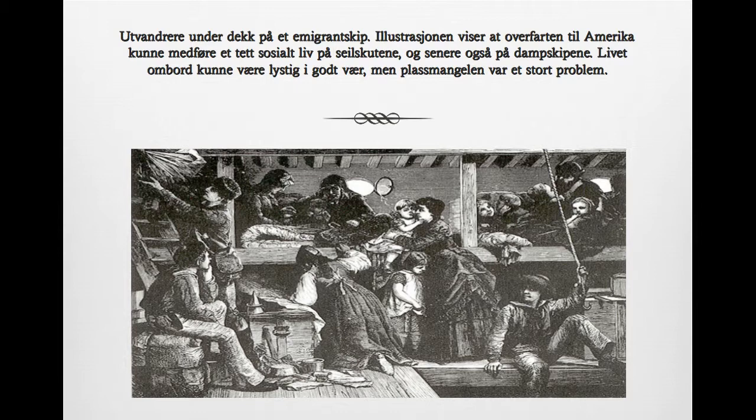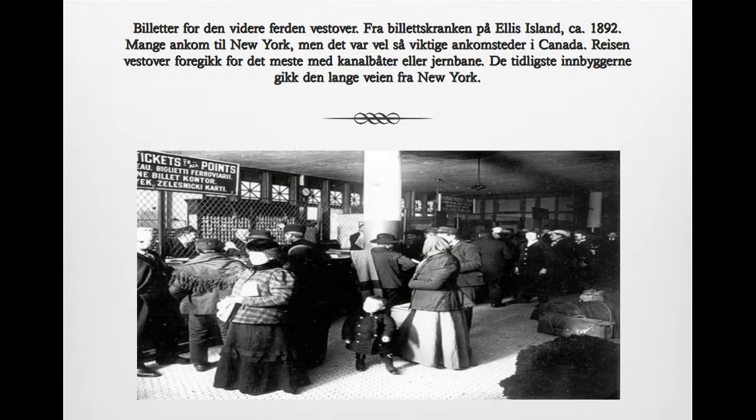And the illustration shows the trip over the Atlantic Ocean. And of course, life on board was, well, not good at times because it was really, really crowded, and it was not well equipped when it comes to facilities such as showers and toilets, and there was little food as well.